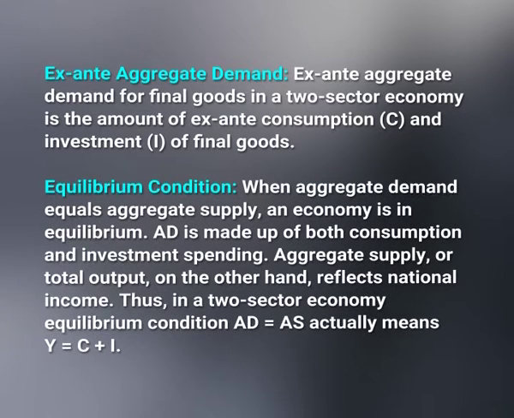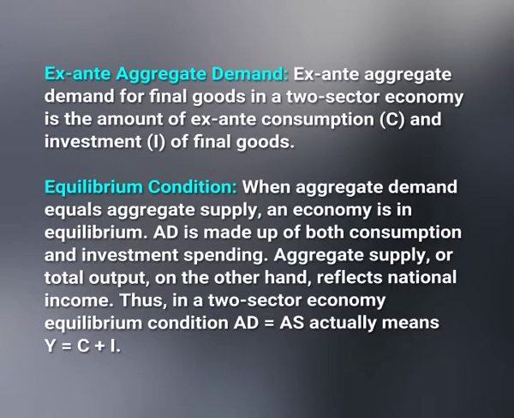Equilibrium condition. When aggregate demand equals aggregate supply and the economy is in equilibrium, AD is made up of both consumption and investment spending. Aggregate supply or total output, on the other hand, reflects national income.